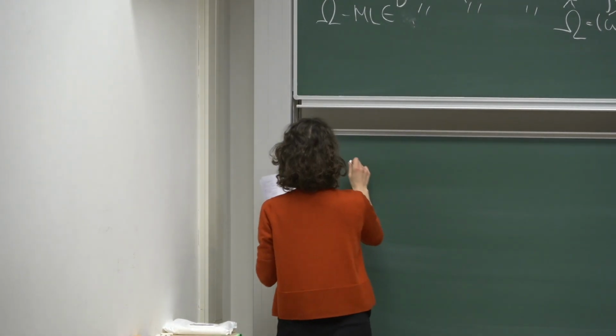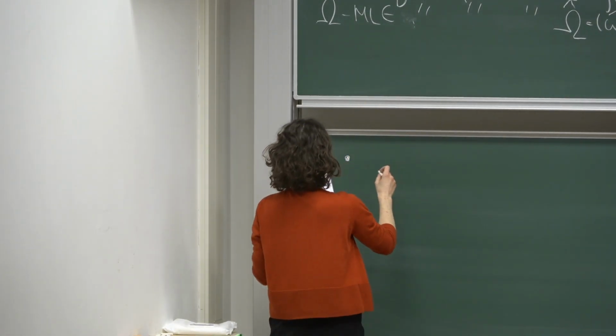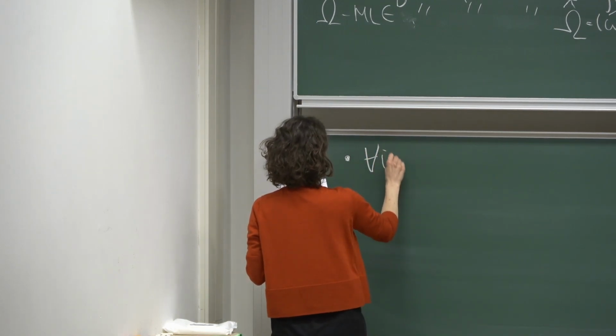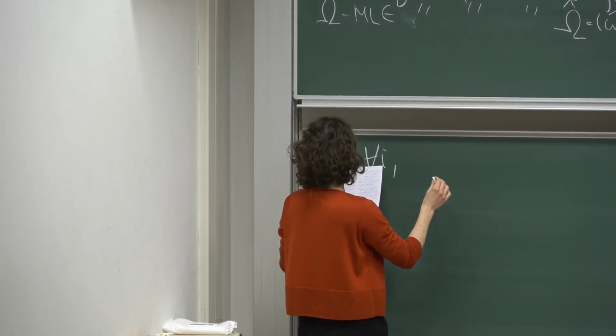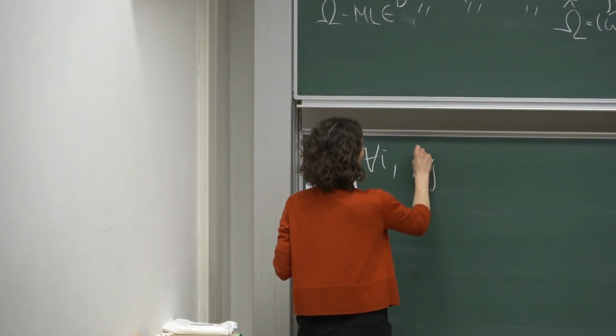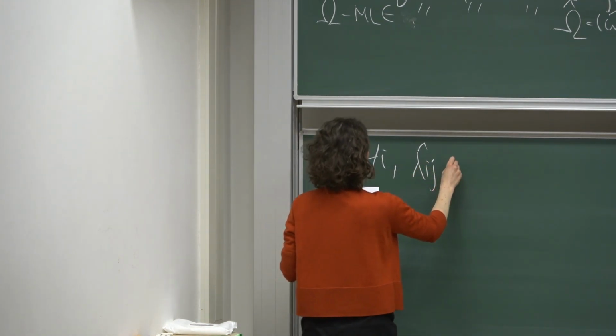So let's start with the lambda MLE. For every vertex I, what conditions do the lambda ij hat satisfy?